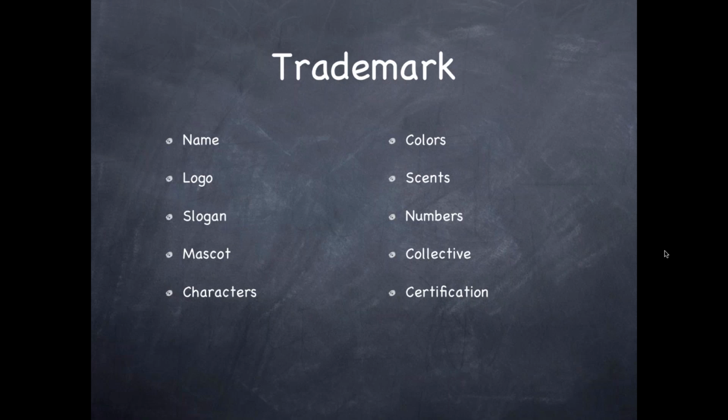So collective marks apply to groups that would form with similar focus areas. Certification marks apply to endorsements. So if any of you on the session are certified, I know every now and then I'll have students who are certified in Pro Tools or Avid or Maya or something. They're certified in software. Certification is a company utilizing their trademark to put their stamp of approval on you.